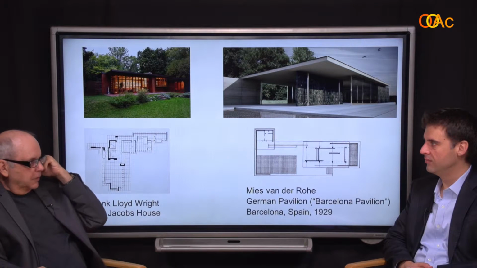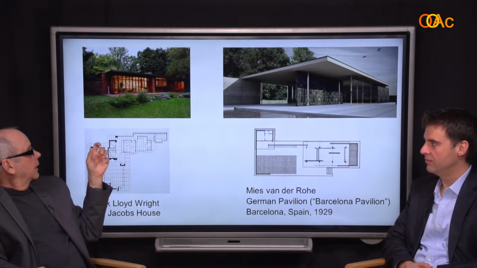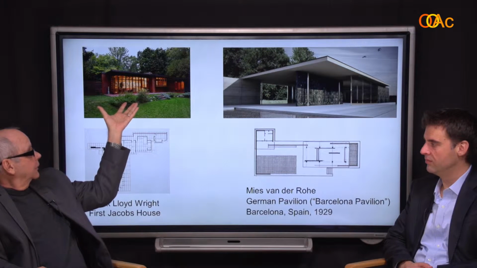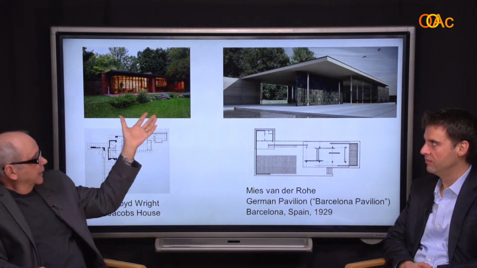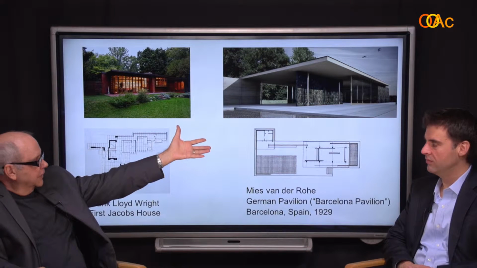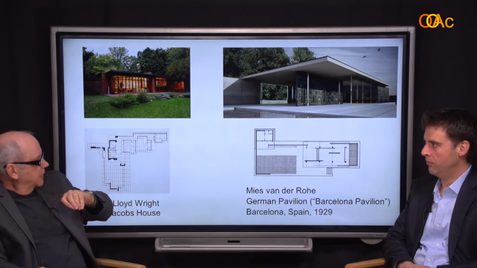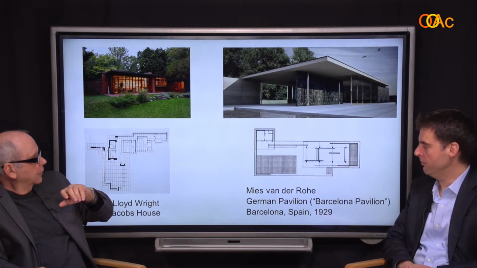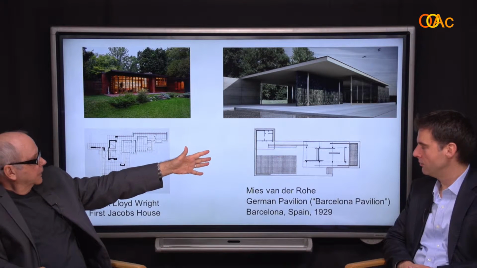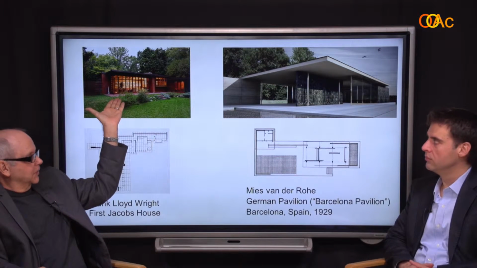Sure. So, looking at Johnson Wax, we see the use of the brick, but there's glass here. And we saw this slide before, one of the Usonian houses by Wright, and we would certainly say this is not organic. Mies's German pavilion, or Barcelona pavilion, but Mies uses glass, Frank Lloyd Wright uses glass.